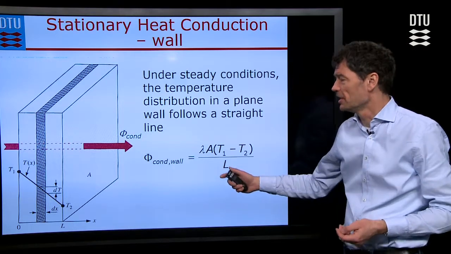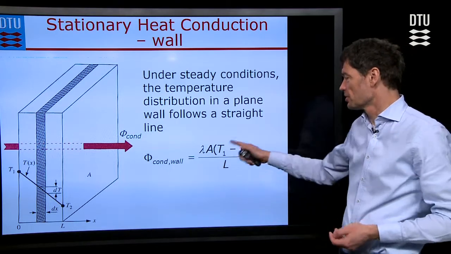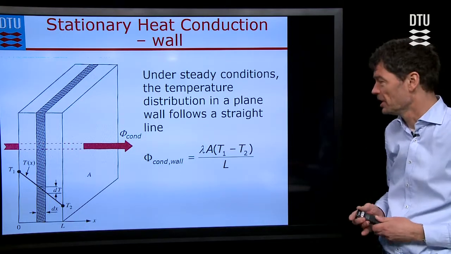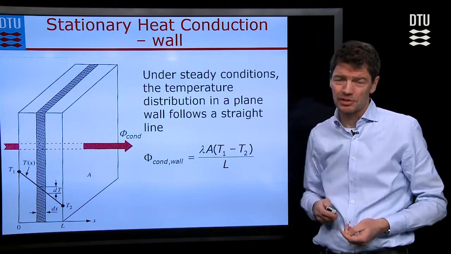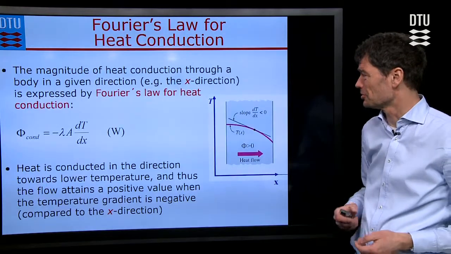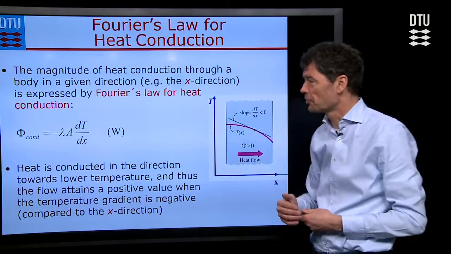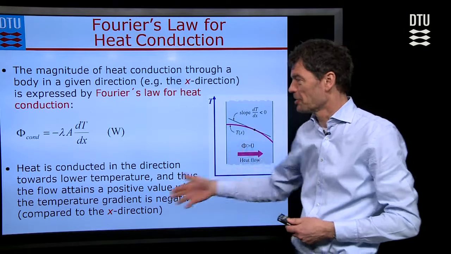Then we can calculate the heat flow according to Fourier's law, which is written here. We need some parameters that we'll also talk about in the lecture. Here is Fourier's law as it should be written in principle.